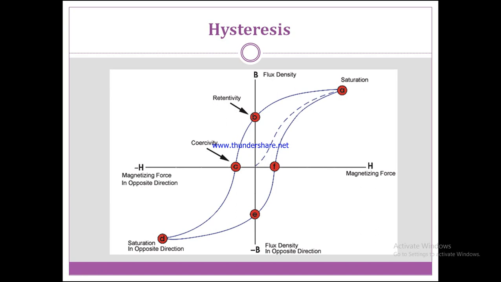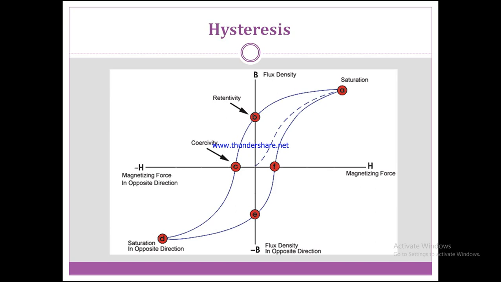In the region where the field values go higher, the magnetizing force goes in the upward direction along with the flux density, and it reaches a particular value, that is A, the point at which the magnetizing force does not increase any further, even as the flux density goes on increasing.